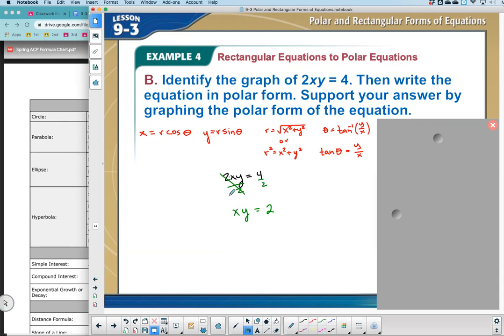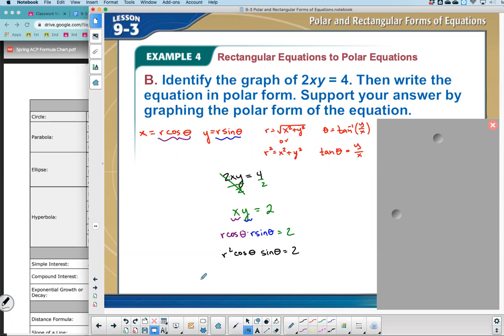So the x itself is r cosine theta. X is r cosine theta, and y is r sine theta. So when I go to simplify these, I have r times r, which is r squared, cosine theta, sine theta.